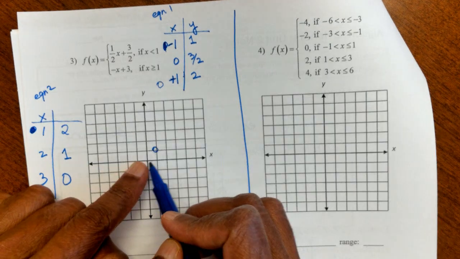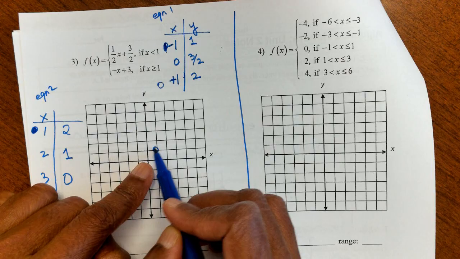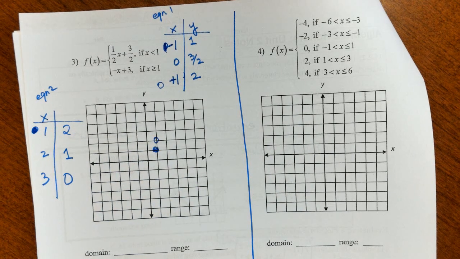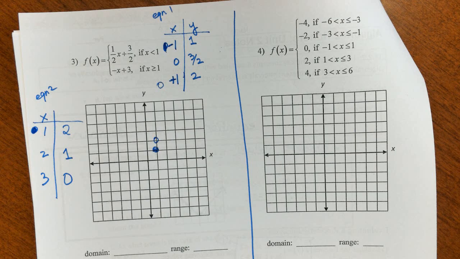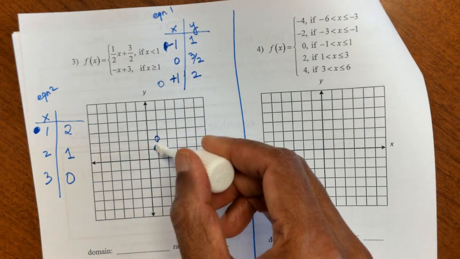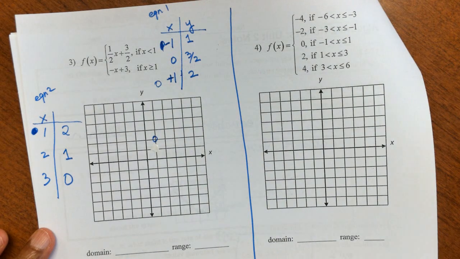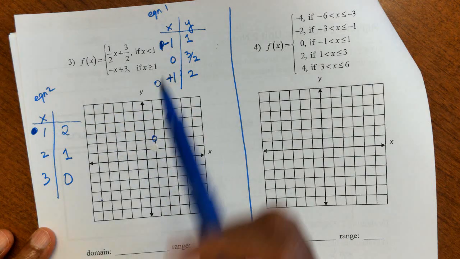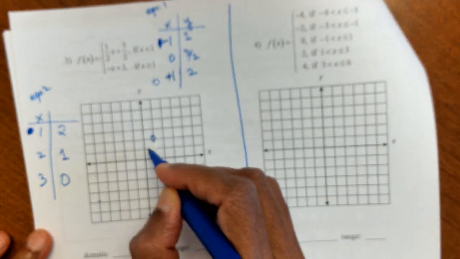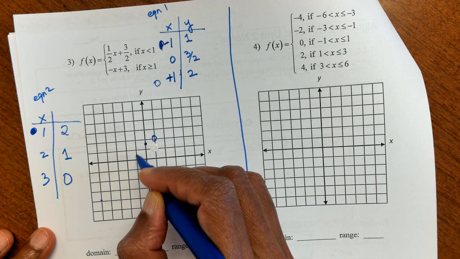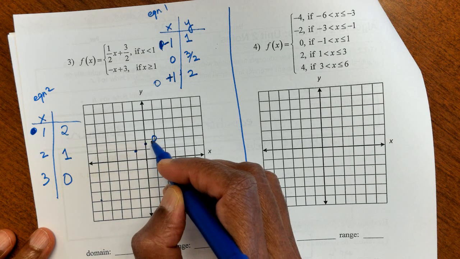When x equals 1, y equals 2, so it's not this, it's this, and it's an open circle. So that point does not exist. I'm really sorry for causing this confusion, but hopefully you did it right and you got what I'm talking about. Okay, when x equals 0, it's 3/2. When x equals -1, it is 1. There I go, that's my straight line.